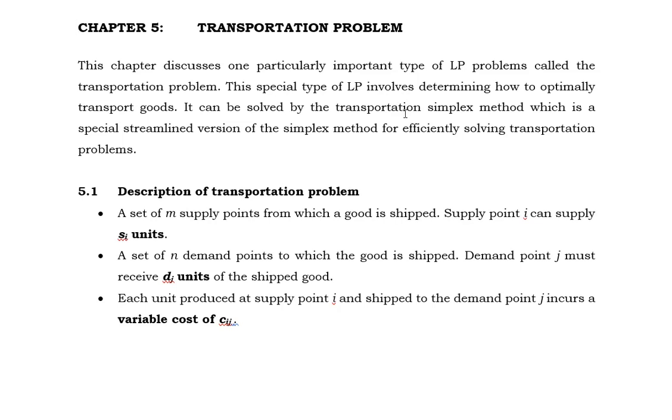The transportation problem involves a set of m supply points from which a good is shipped. Supply point i can supply si units. Let's draw a graphical representation of this.